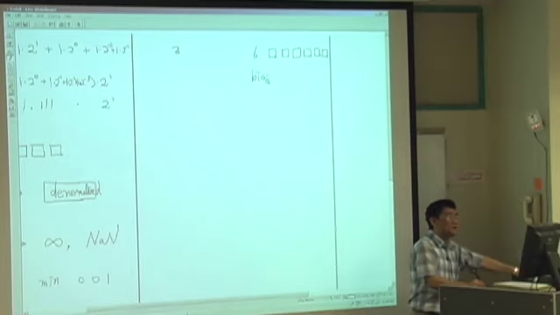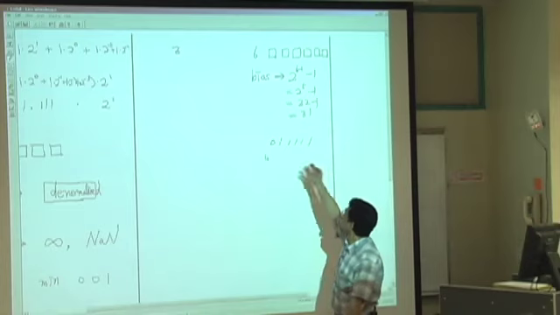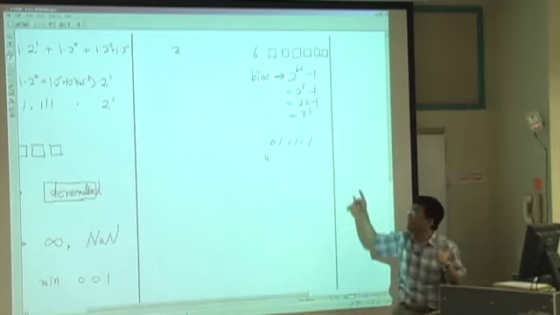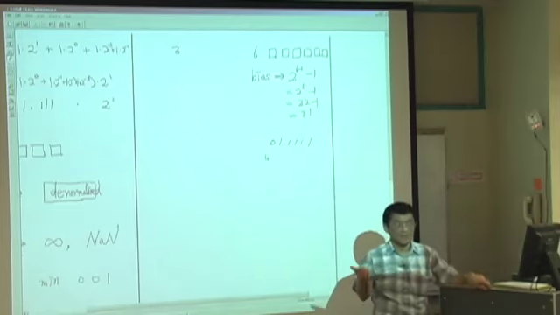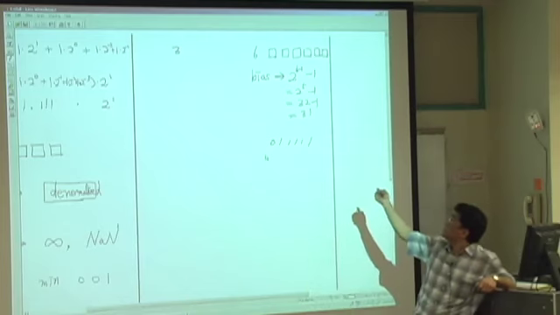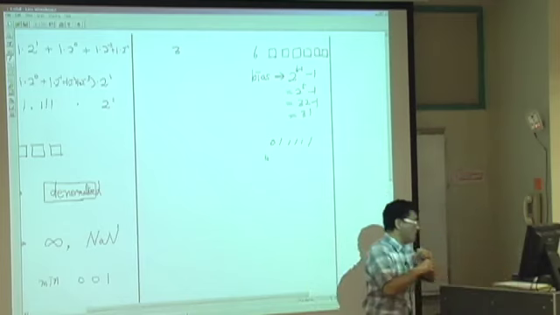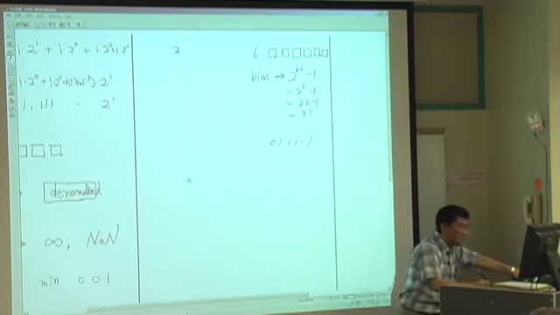Bias is what? 2 to the power of 6 minus 1, minus 1. 2 to the power of 5, minus 1. 32 minus 1. 31, right? Or in bit representation, 0, 1, 1, 1, 1, 1, right? So in bit representation it's easier. 0, 1, 1, 1, 1, 1 is the zeroth power, in fact. If the bit representation is this, then the power is 0. Something is multiplied by 2 to the power of 0 if the bit representation is this.